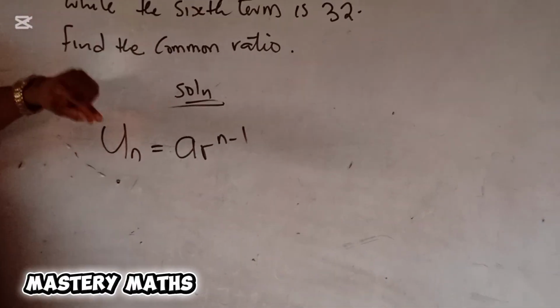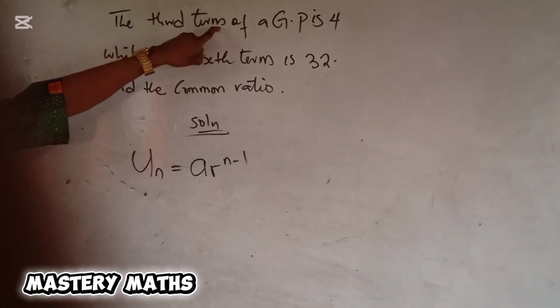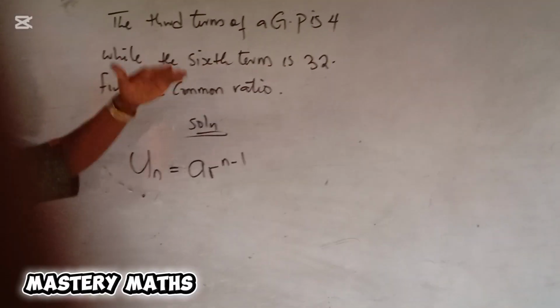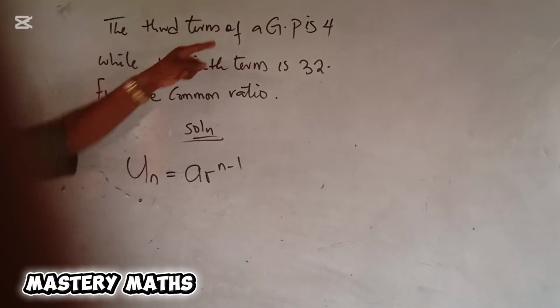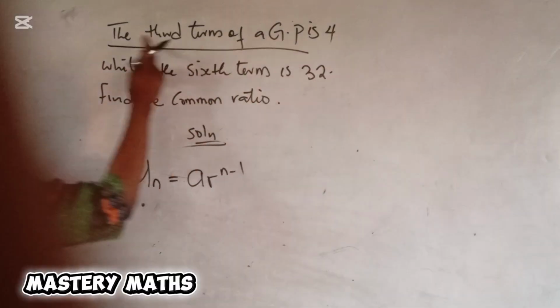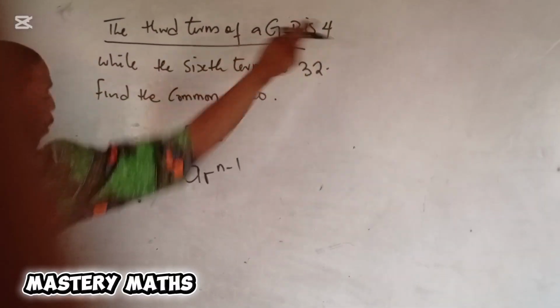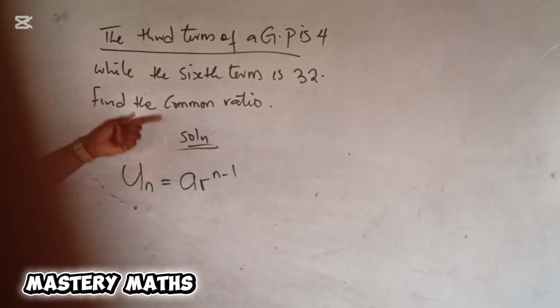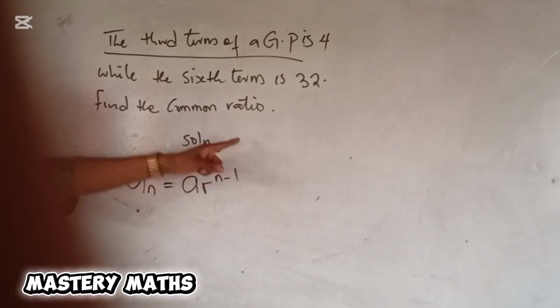Now, going back to the question, they said the third term of a GP is 4. Now let's take it step by step. Remember, I told you that n represents the number of term. And if you watch in this question, the first term is not given to us.